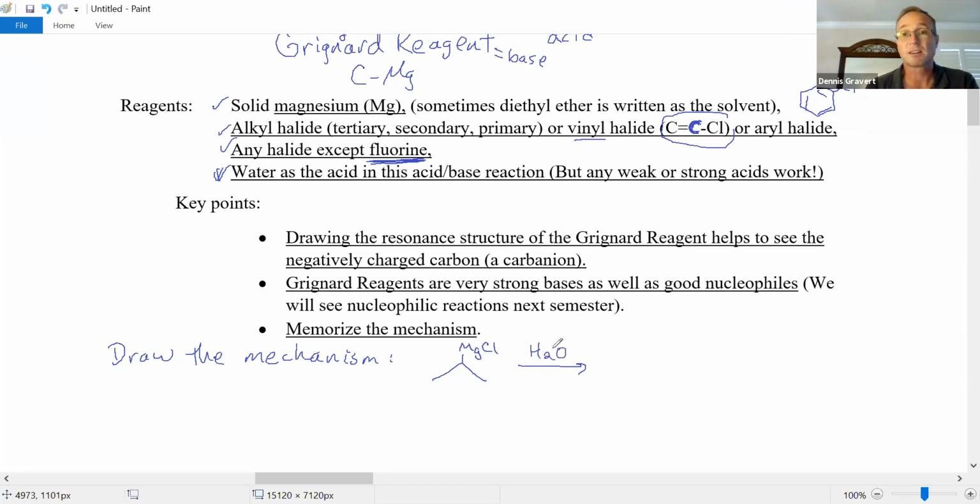Nothing special about water. It's just all over the place. It's readily available, but you could use HCl as your acid. If you want to get fancy, let's get fancy. Let's use heavy water.